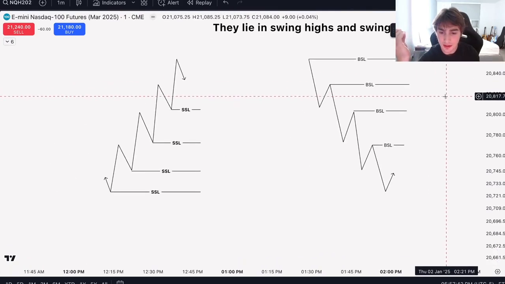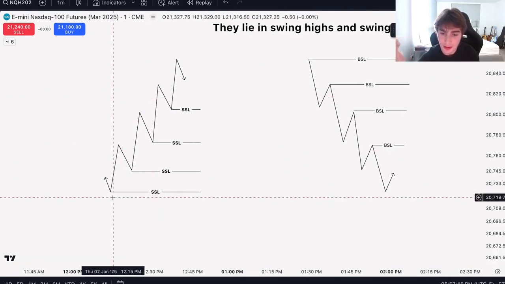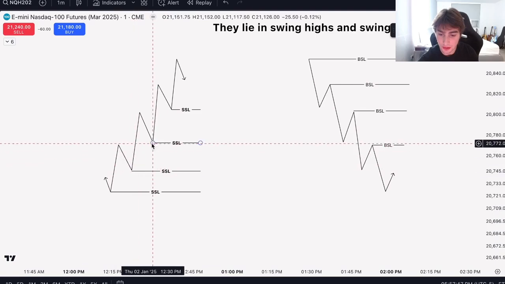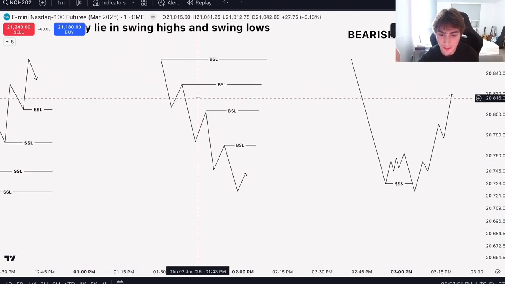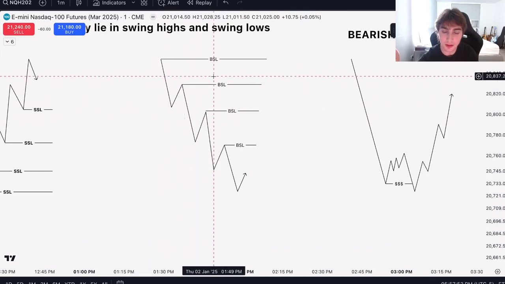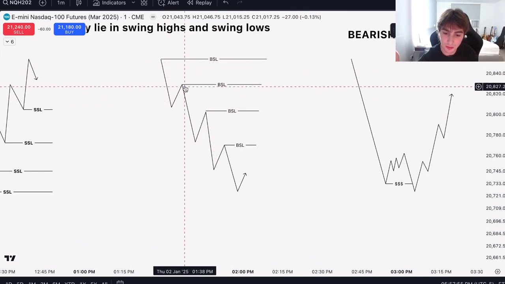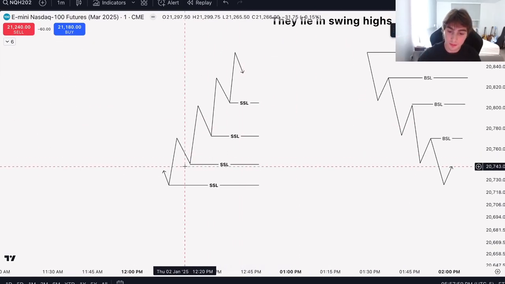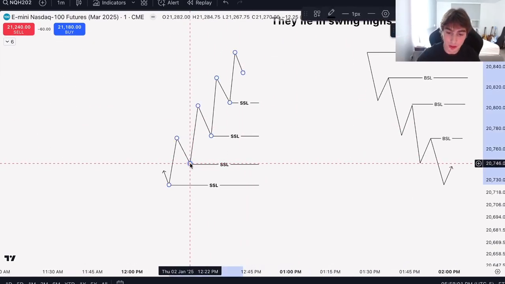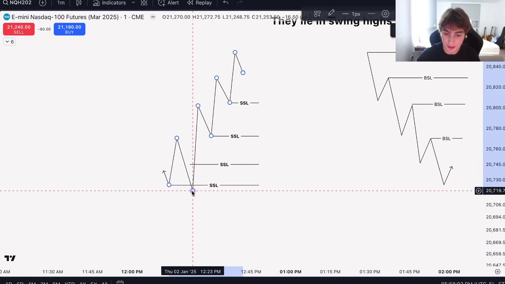So yeah, in a bullish trend, you'll often see a generation of a lot of liquidity within these lows. And in a bearish trend, you'll often see a large accumulation of liquidity within these swing highs. So before you enter some sort of long position, you want to wait for something like this.